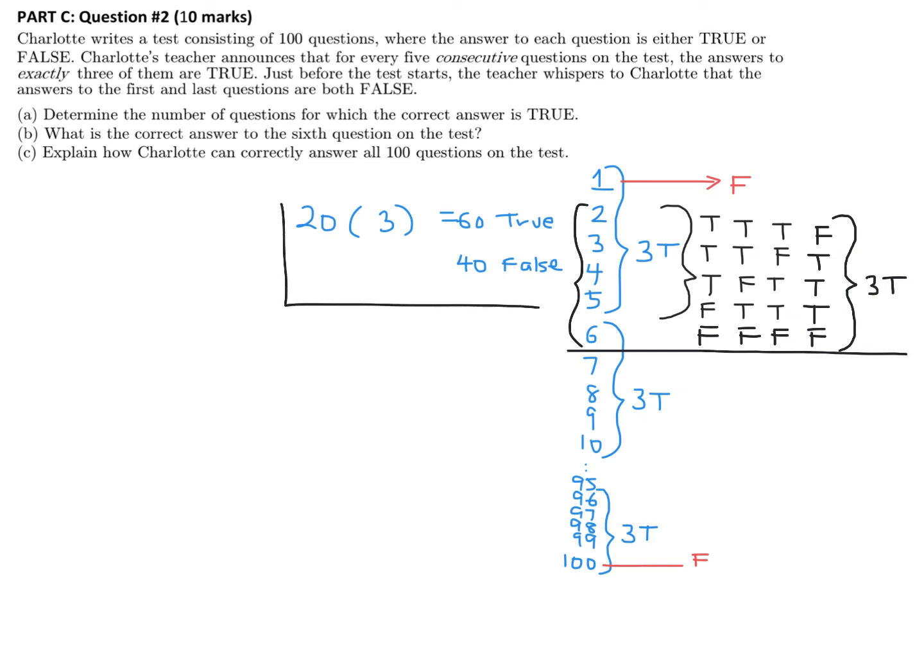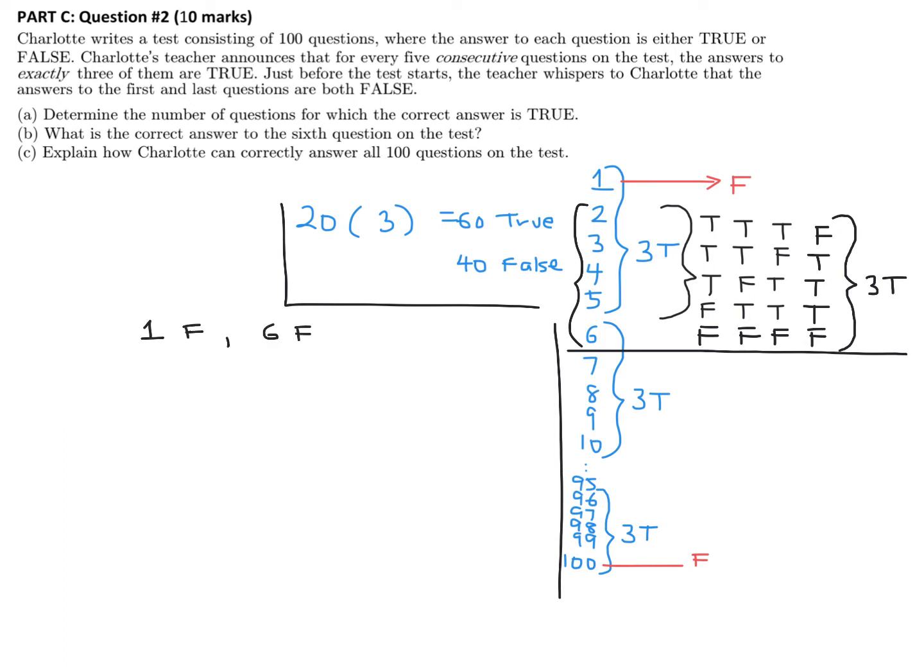All right, down to the last one. Explain how Charlotte can correctly answer all 100 questions on the test. Okay. So I guess we'll just leave this in for now because I think it'll be helpful. In part B, we concluded that question number 1 was false and question number 6 was also false.